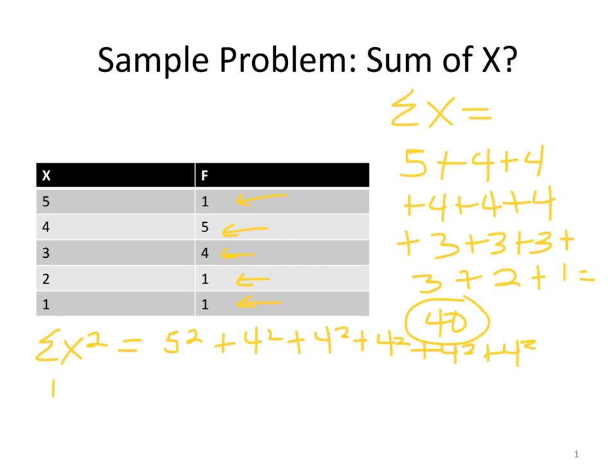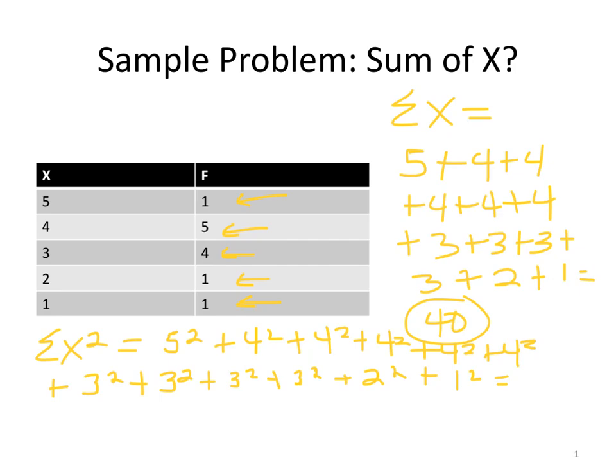Then we would have to have 3, and 3 square, which is 9, is going to occur 4 times. Then you're going to have 2 square occur once and 1 square occur once. So then you would have to add up all of those numbers.